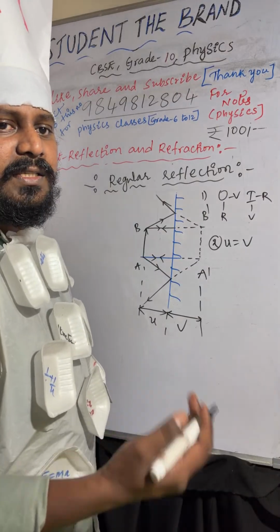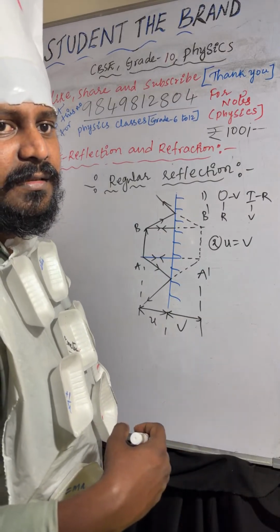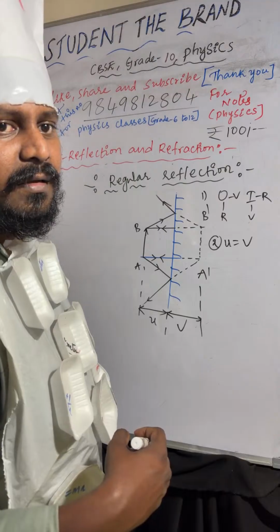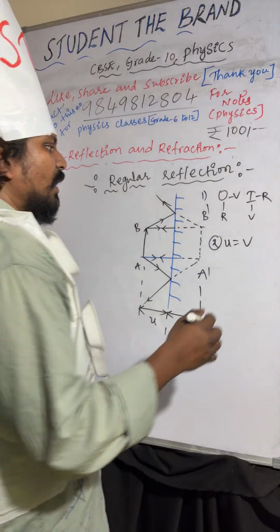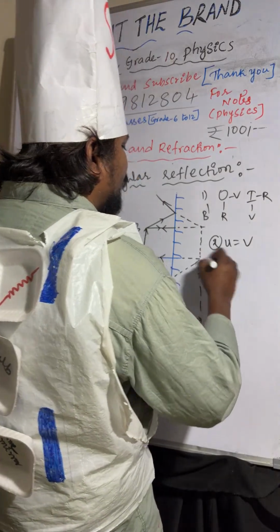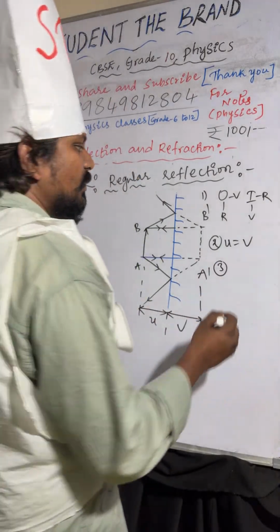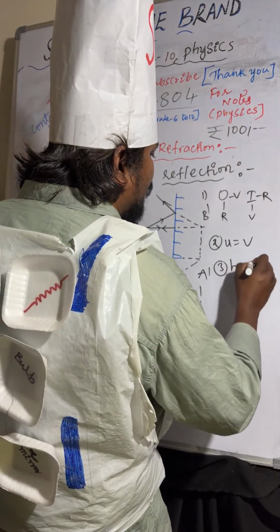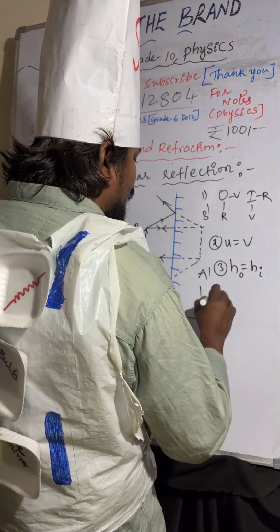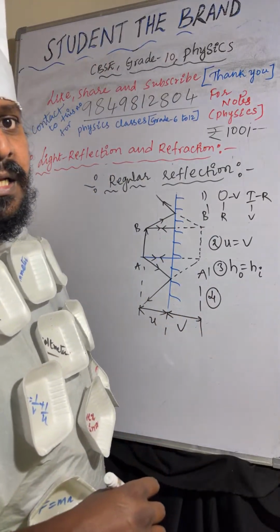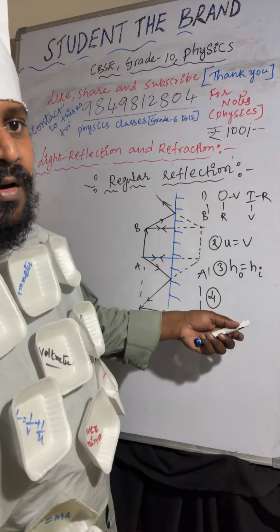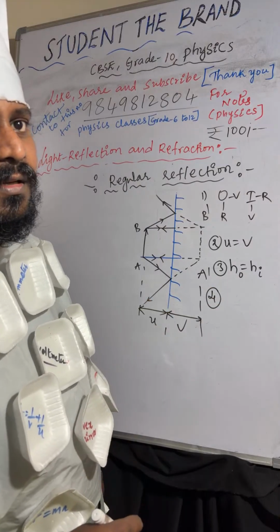So object distance is equal to image distance. And the next one, height of the object is equal to height of the image.